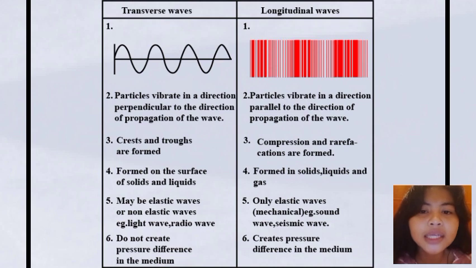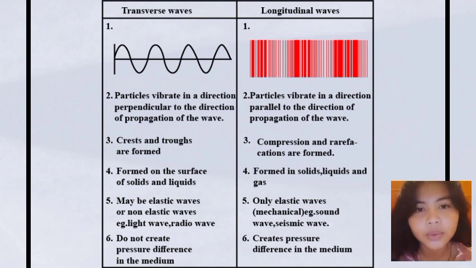The fifth is that transverse waves can be elastic and non-elastic, for example light waves and radio waves. Longitudinal waves can only be elastic or mechanical waves, for example sound waves, seismic waves, and water waves. The last difference is that transverse waves do not create a pressure difference in the medium, while longitudinal waves create a pressure difference in the medium.